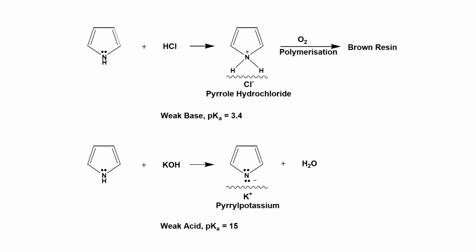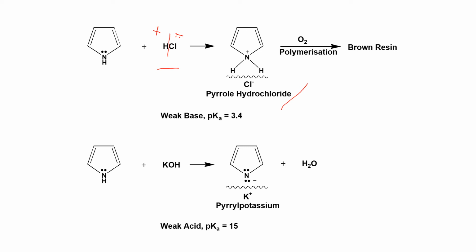At a pK value of 3.4, pyrrole behaves as a weak base, and we know that a base reacts with an acid and forms a salt. When pyrrole reacts with hydrochloric acid, it forms a salt, pyrrole hydrochloride, like this, and we know that hydrochloric acid after dissociation will release a proton, and a chloride ion will also be formed.